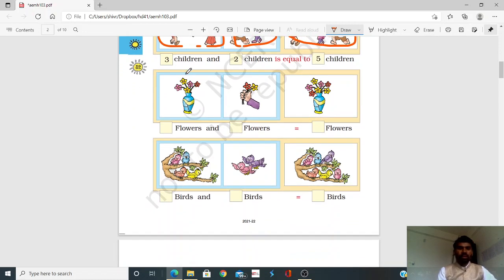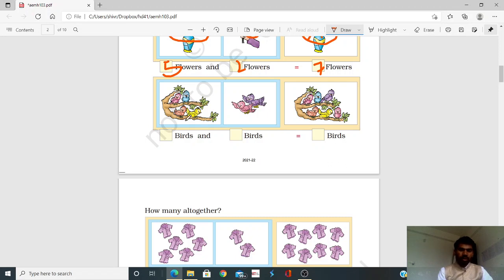Now here are five flowers and two flowers. We have to write in this small box: five flowers plus two flowers is equal to seven flowers. One, two, three, four, five, six and 7. Here our answer will be 7, right?